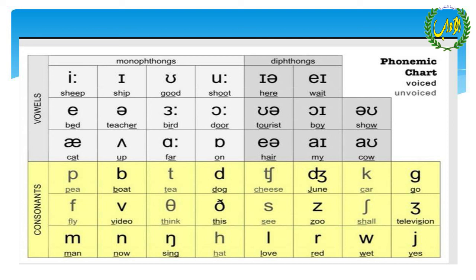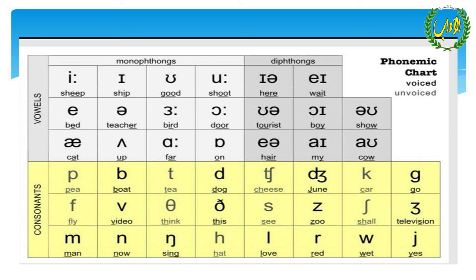Now let's go to the last division, that is diphthongs. Here I start reading with the second column: oi, boy, my. Okay, and then we have the first column: ia, here, ua, and so on. There is a slight difference between them.